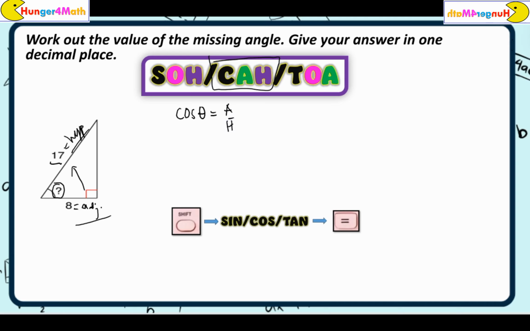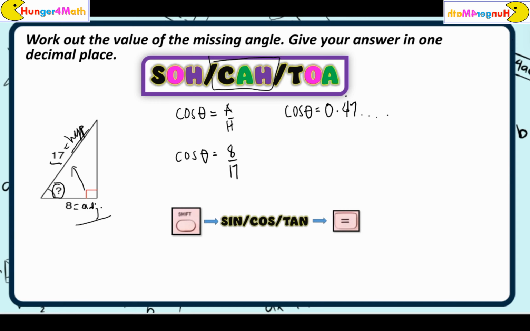Now let's substitute. Cosine theta is equal to adjacent 8 over the hypotenuse, that is 17. Now let's divide 8 divided by 17. Cosine theta is equal to 0.47 recurring, and continuously.